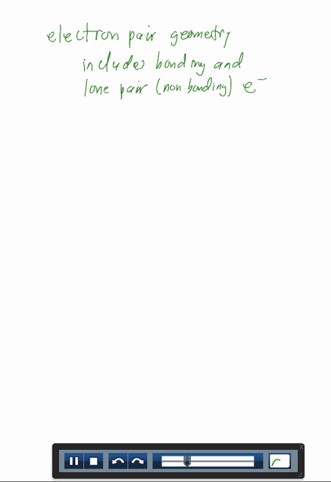So all the electron pairs, bonding and non-bonding, around an atom. Then we have the molecular shape, and that only includes the atoms in a molecule.